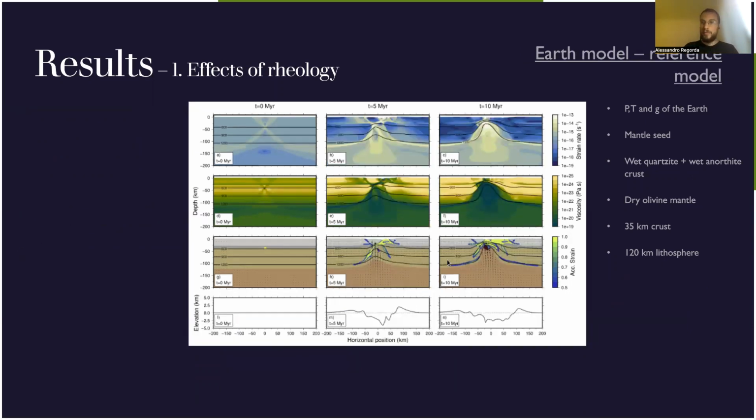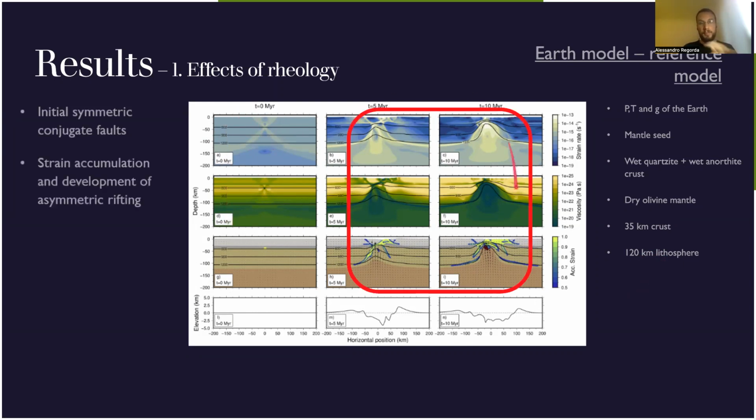This is the reference model we used. So for the Earth: pressure, temperatures, and gravity for the Earth. The seed is in the mantle, weak rheology, and a thick lithosphere. As seen before, there is the development of these symmetric conjugate faults, but in time, this rifting evolves into an asymmetric rifting.